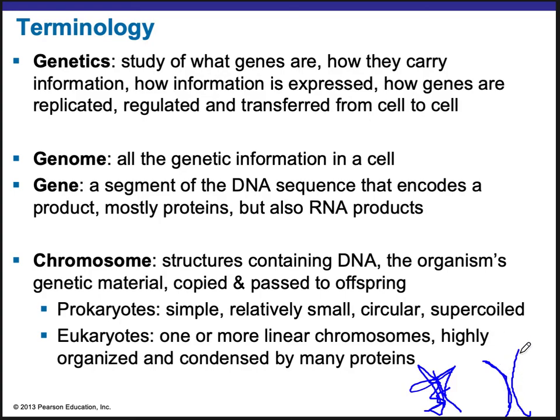So we actually only see this right before cell division, and then it will start to uncoil. It'll still be kept in a slightly condensed form, but it won't be condensed enough for us to see under a microscope any longer.